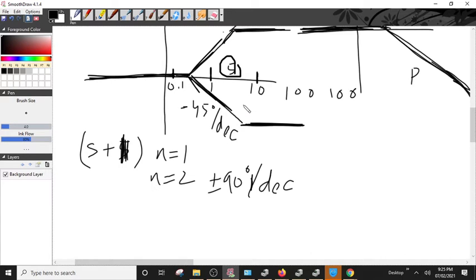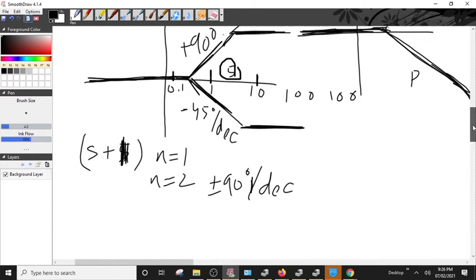Once you obtain the break frequency, draw a line from the previous decade corresponding to that value, with a slope of plus 90 degree per decade, because the multiplicity is 2. So in 2 decades it will travel a total distance of 180 degree, right, with plus 90 degree per decade if the multiplicity is 2. So this is the whole theory, the whole concept behind the Bode phase plot.